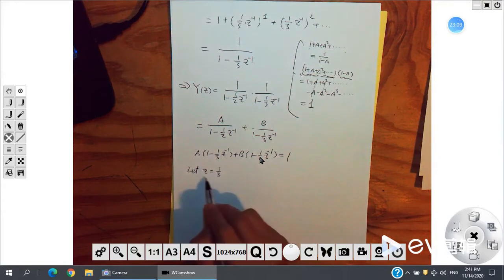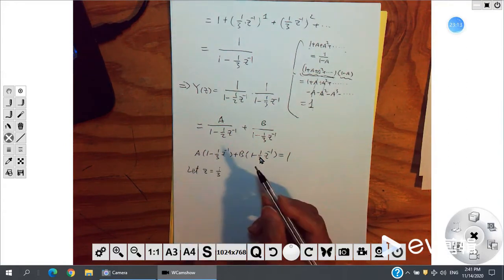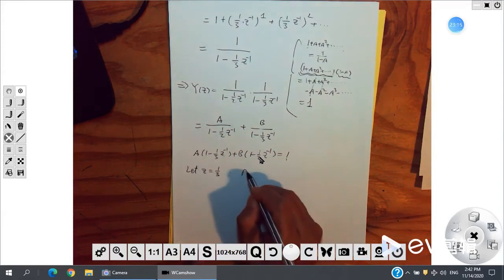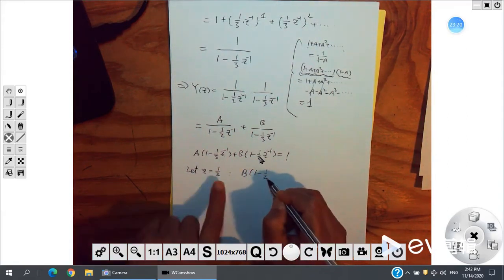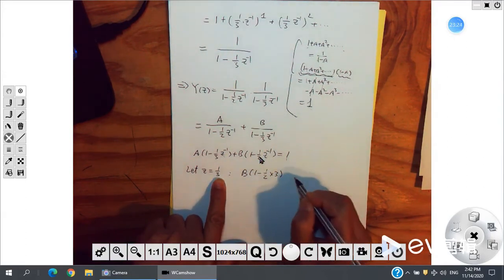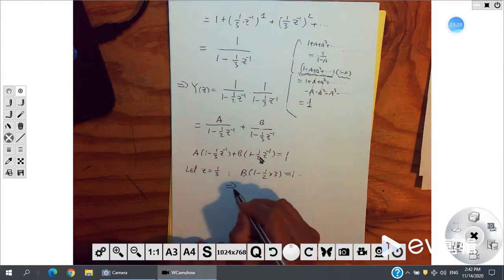So when z equals 1/3, this part is 0 times a, so nothing. And b times this part, that will be 1 minus 1/2 times z inverse; z is 1/3, so its inverse is just 3, equal to 1.